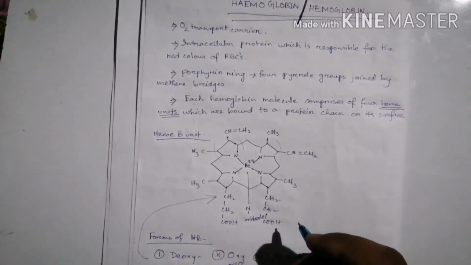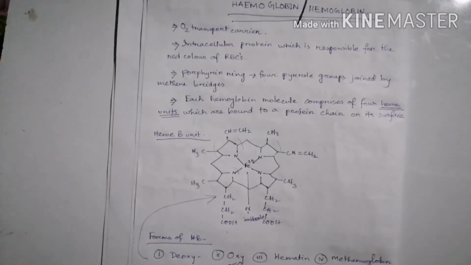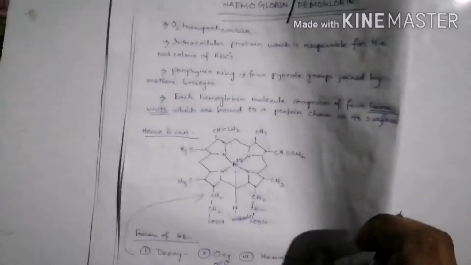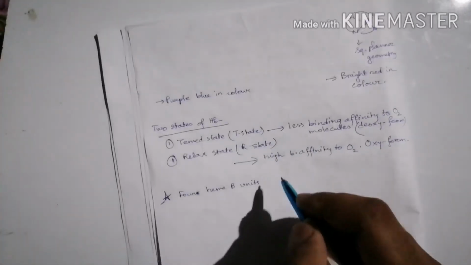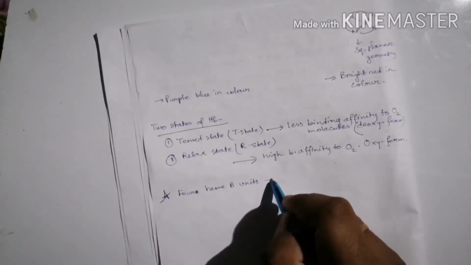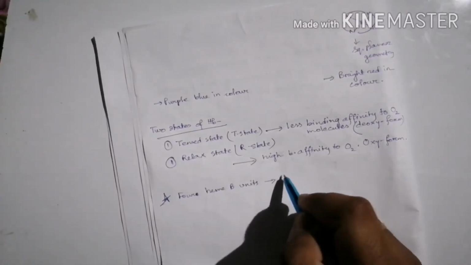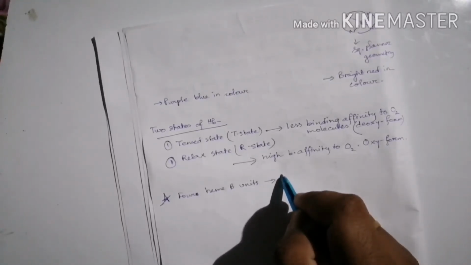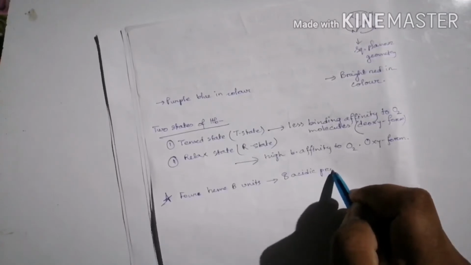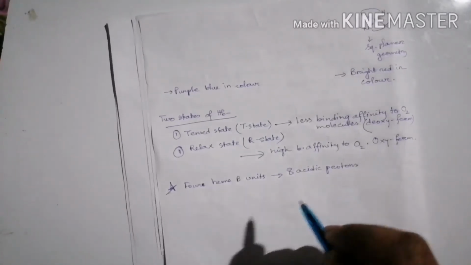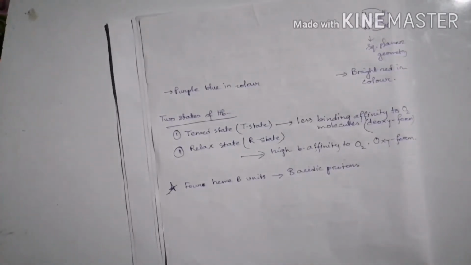So overall, for one hemoglobin molecule which comprises 4 heme units, we'll get 8 acidic protons.